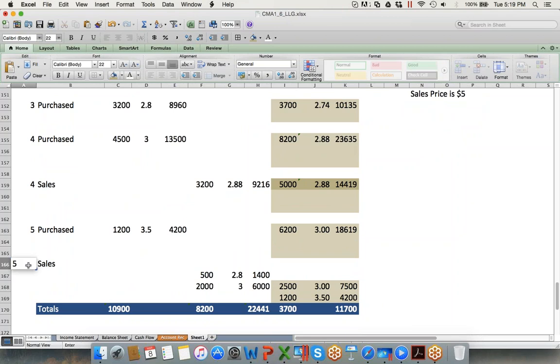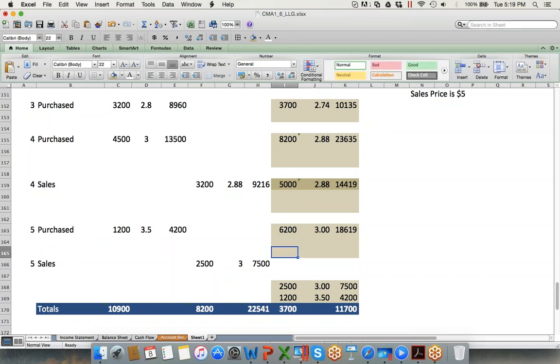Same date, 5th, sold 2500 units at the rate 3, 7500.